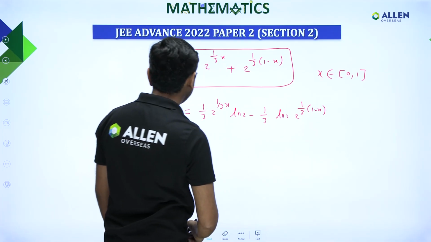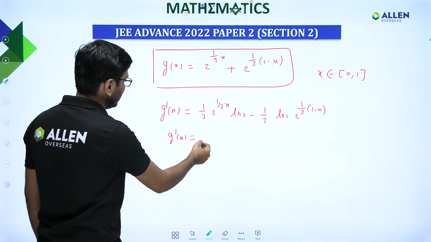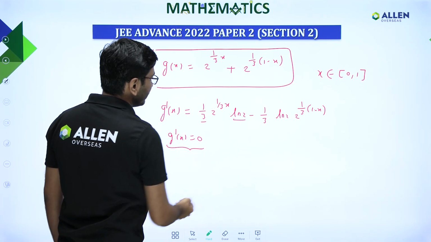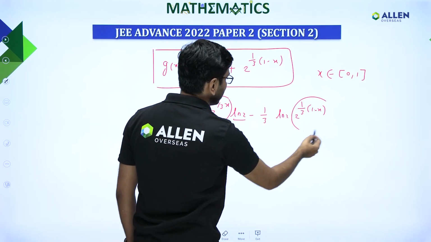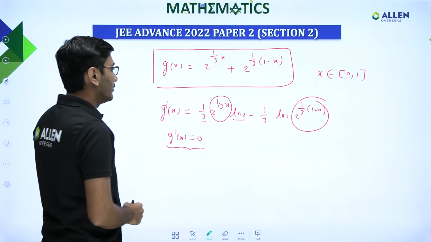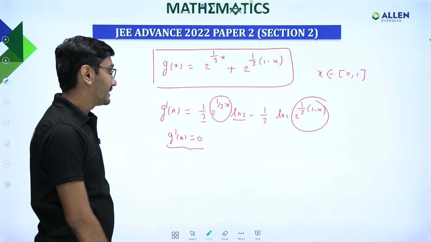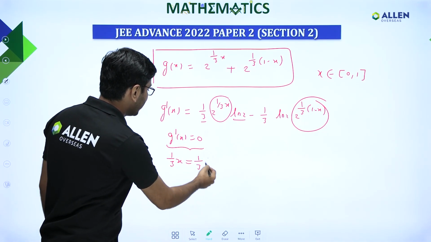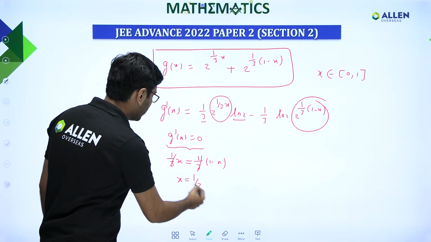But for maxima or minima we take g dash of x equal to 0. Solving g dash of x equal to 0, because 1/3 and ln of 2 are common, these two terms, 2 raised to (1/3)x and 2 raised to (1/3)(1 minus x), should be equal, which means their powers should be equal because the bases are already equal. So, we will get (1/3)x equal to (1/3)(1 minus x). Solving, I will get x equal to 1/2.